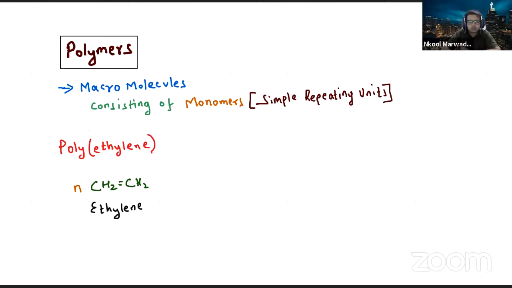So this polythene gives us some interesting compound.